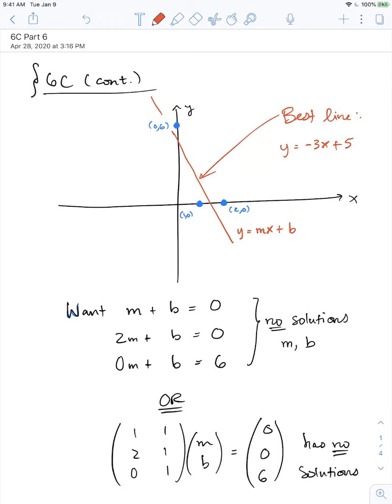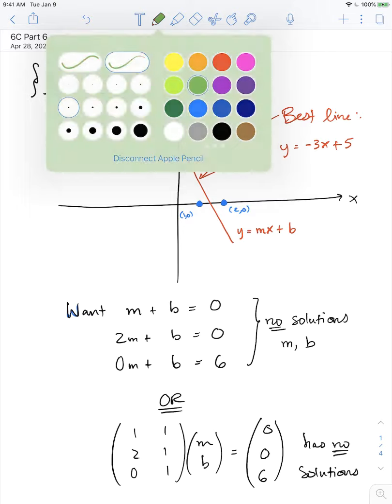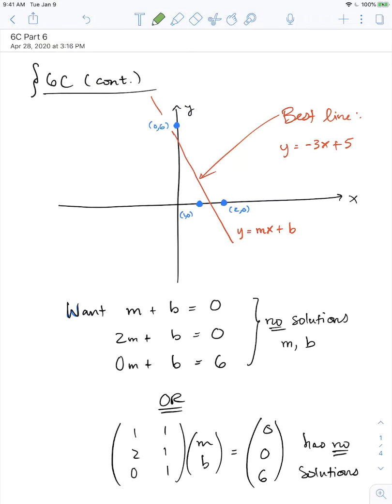And not only that, the sense in which it's the best line is that these 3 errors, error 1, error 2, and error 3, they are minimal in that e1 squared plus e2 squared plus e3 squared has been minimized.